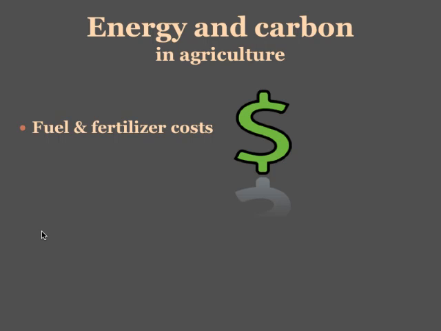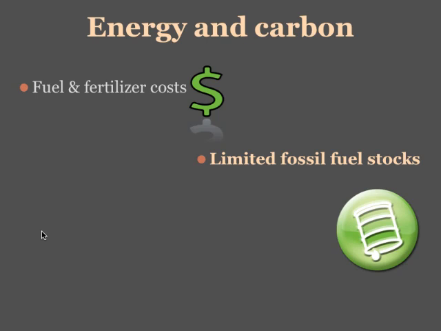Another issue that we face in the Texas High Plains, and that really is faced throughout the United States in agriculture, is energy and carbon. At the farm level, fuel and fertilizer costs are a big concern. On a more global sustainability level, when we rely on fossil fuels, we know this is a non-renewable resource.